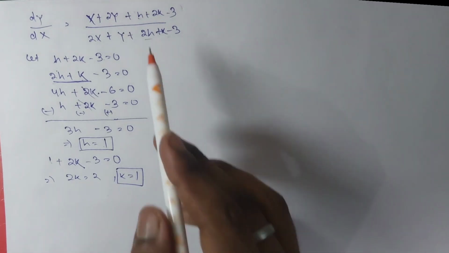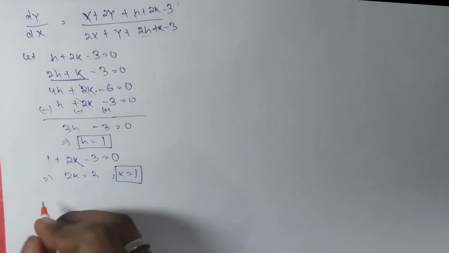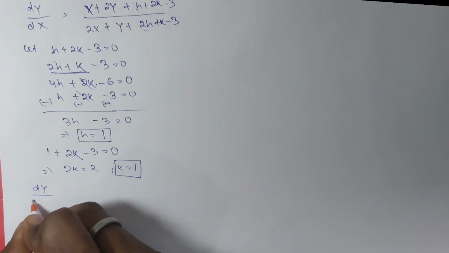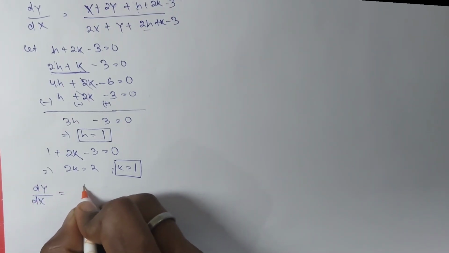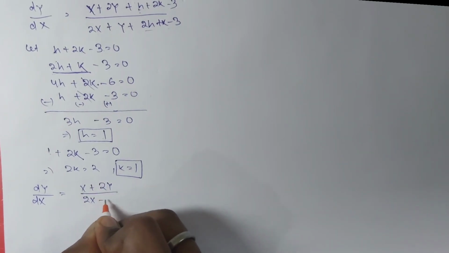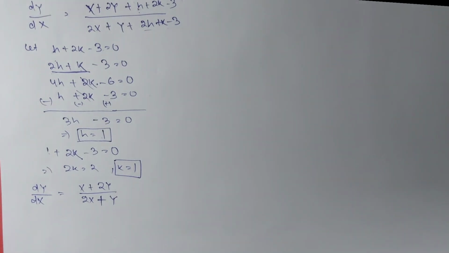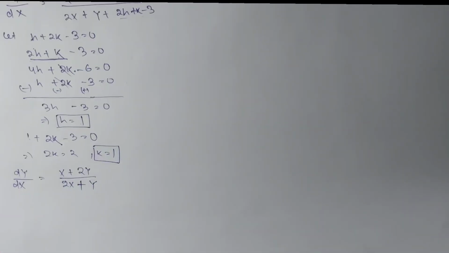So we take the constant values h equals 1 and k equals 1, so that now the equation becomes dy by dx equals x plus 2y by 2x plus y, and the constant term goes to 0.